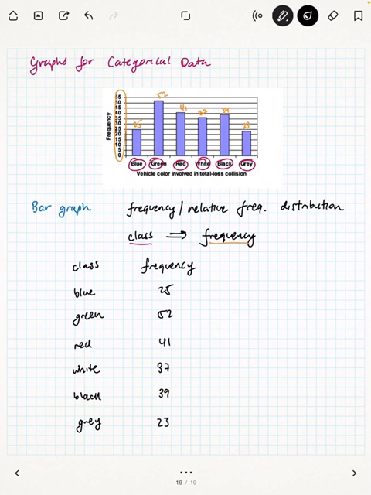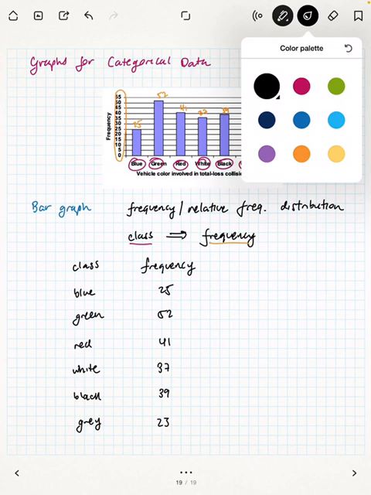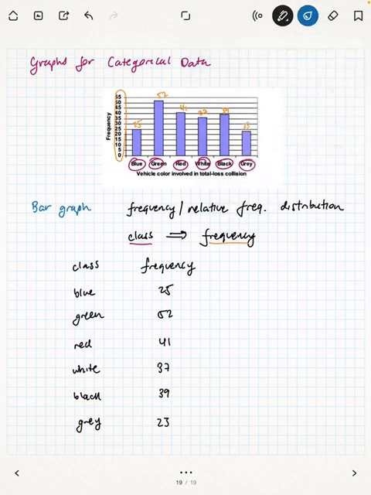So to illustrate that, I actually want to create a similar kind of graph that's called a Pareto chart. What's different about a bar graph and a Pareto chart is that the Pareto chart organizes the classes from most frequent to least frequent. So it'll look very similar. And here I'm just sketching what the chart should look like.